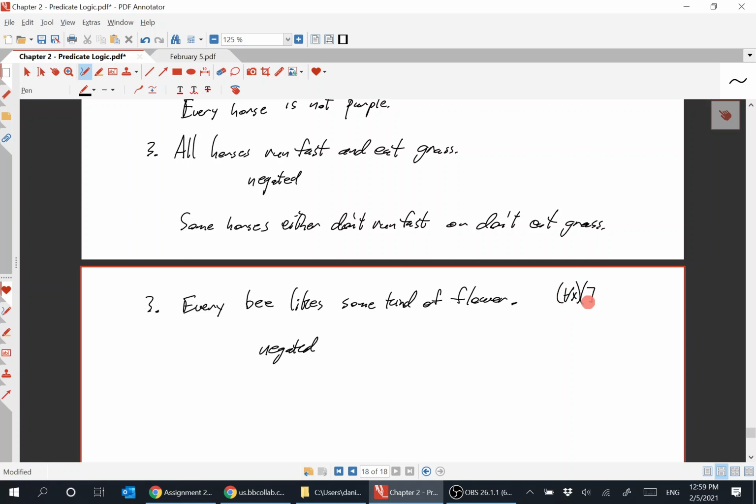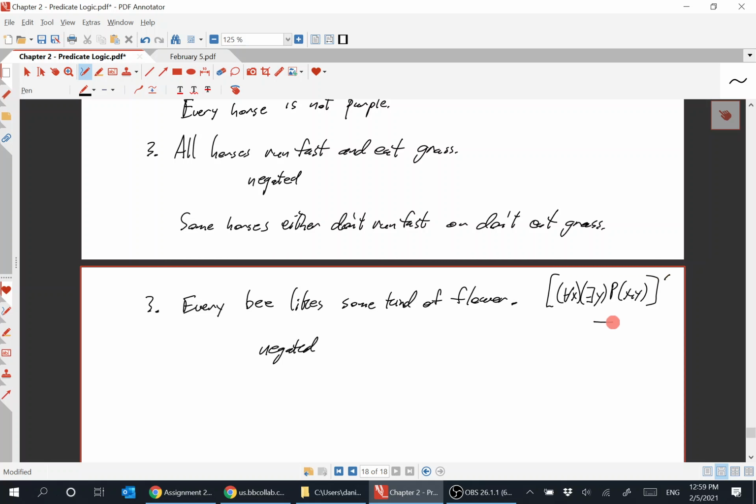For every bee there exists a flower, right? And then forget about what's actually going on in here. Just write this. I'm going to call it P. So for every X there exists a Y, P(X,Y). And P(X,Y) is the bee likes the flower. X is a bee and it likes a flower. Whatever it is, it's all just incorporated into here. Every bee likes some kind of flower.